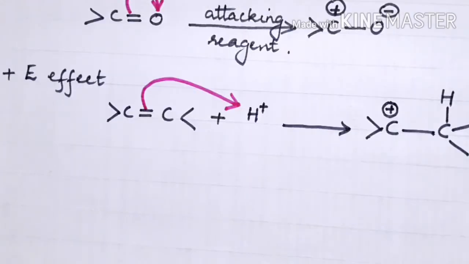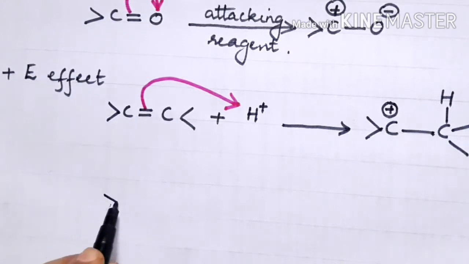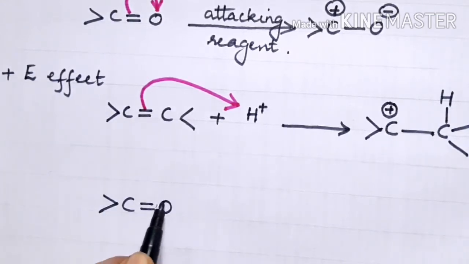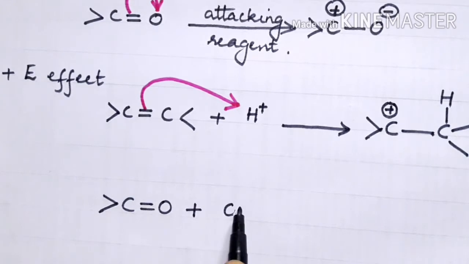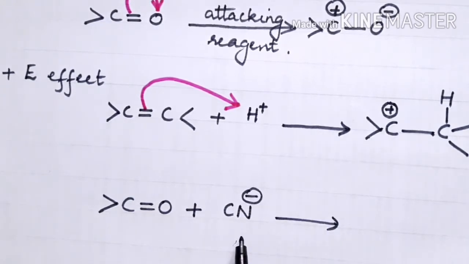But in the case of C double bond O, when it combines with a CN minus group, which is a nucleophile, what happens here?